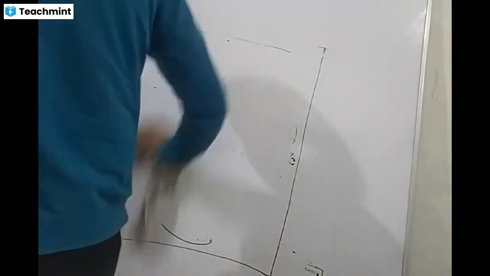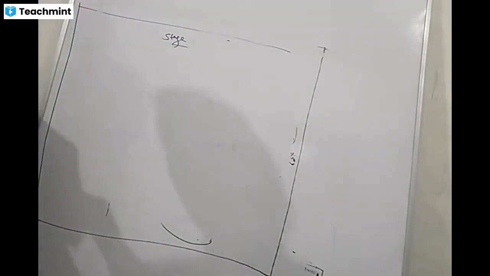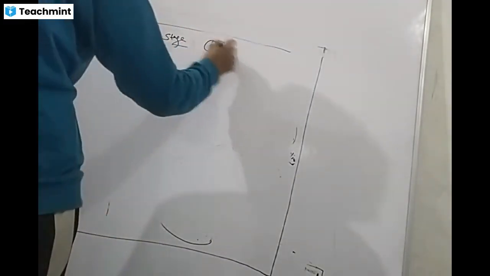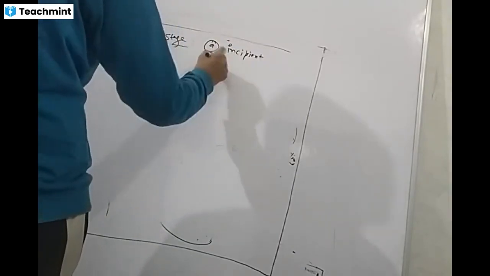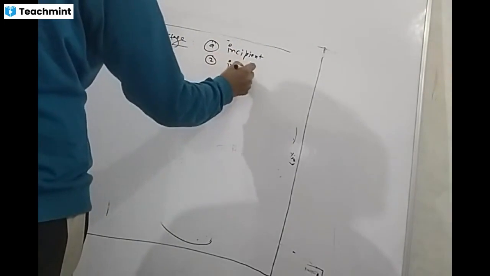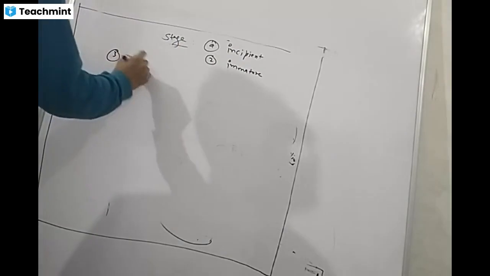As this stage further matures, till now we saw the incipient, that is the earliest stage. The next stage was immature, and now the third stage is the mature.